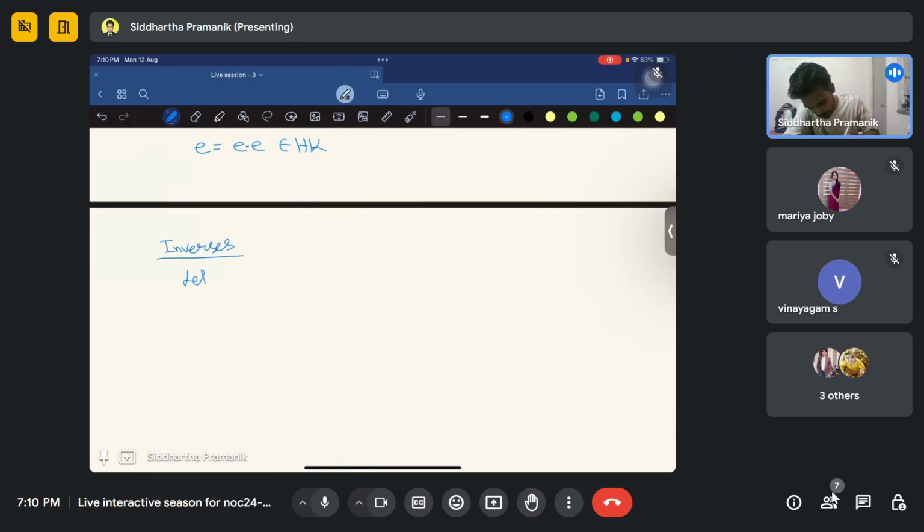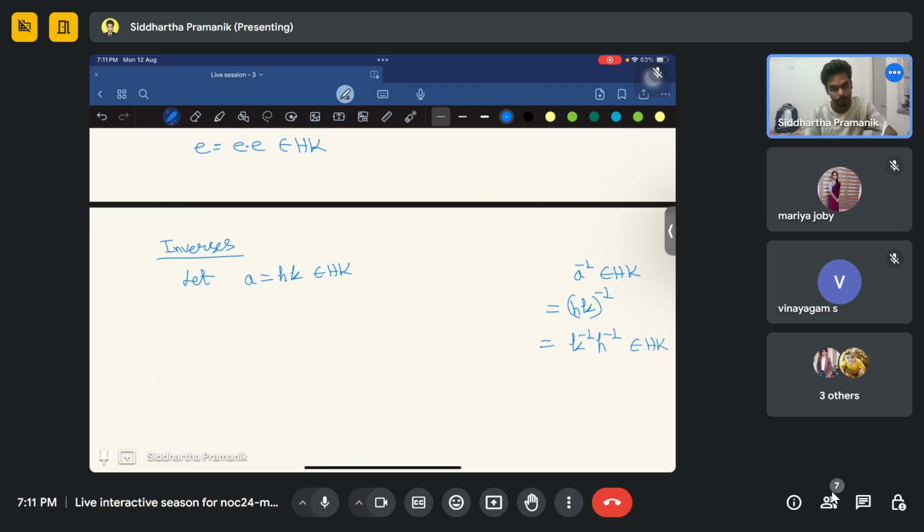So let A equal HK belong to H times K. So we need to prove A inverse belongs to HK, which is (HK) inverse. And this is the same as K inverse H inverse. So how can you show this belongs to HK?